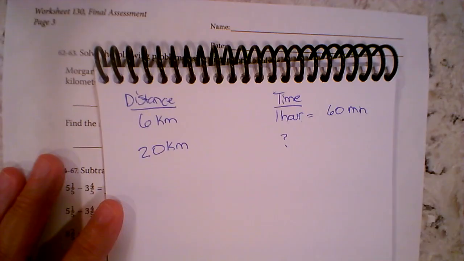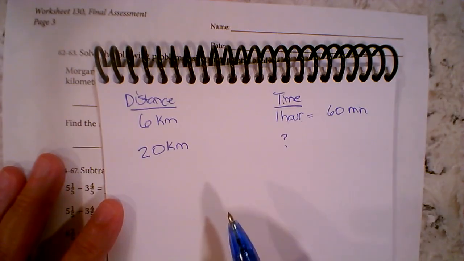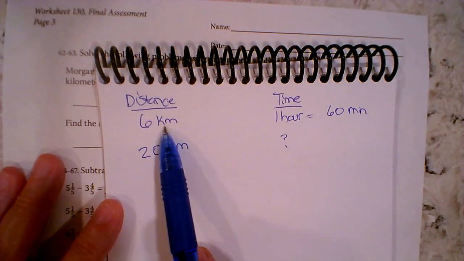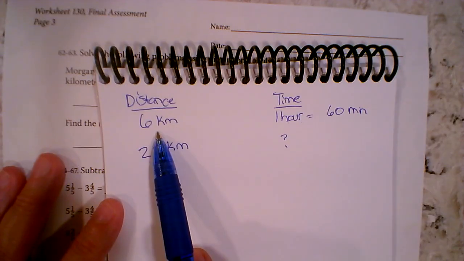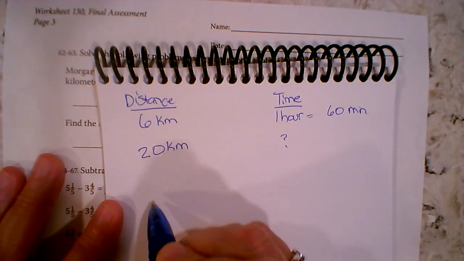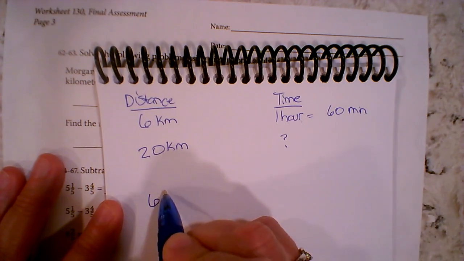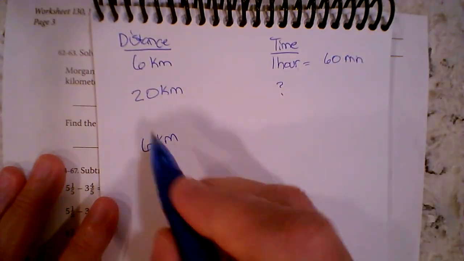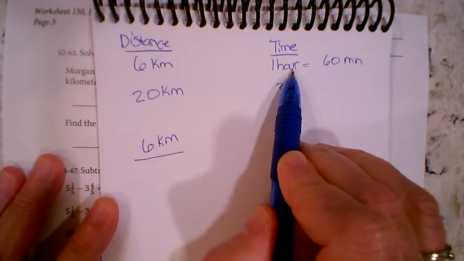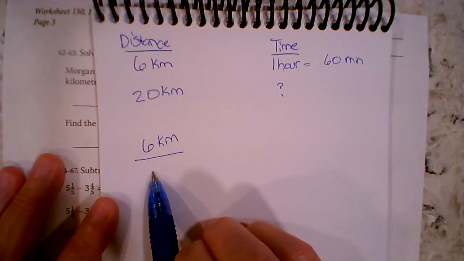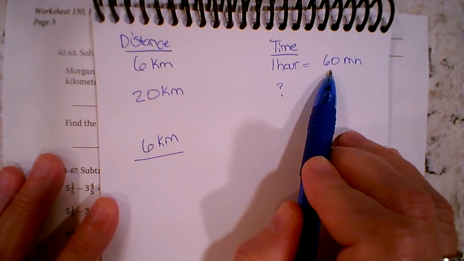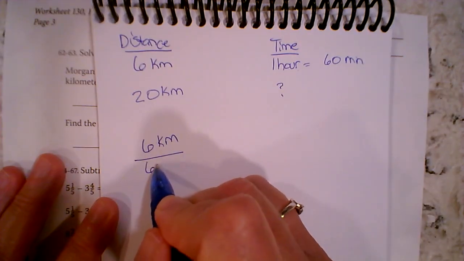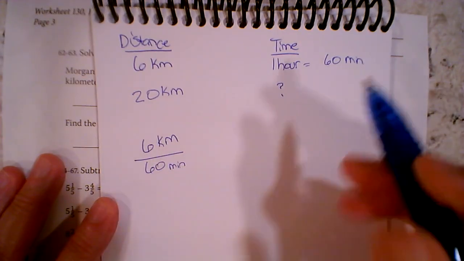What we're going to do is create fractions from the given information. I'm going to put the distance in my numerator. So my first fraction is going to be 6 kilometers, and I'm going to put my known information in the denominator, which is 60 minutes. We're going to work with the smallest unit we need.